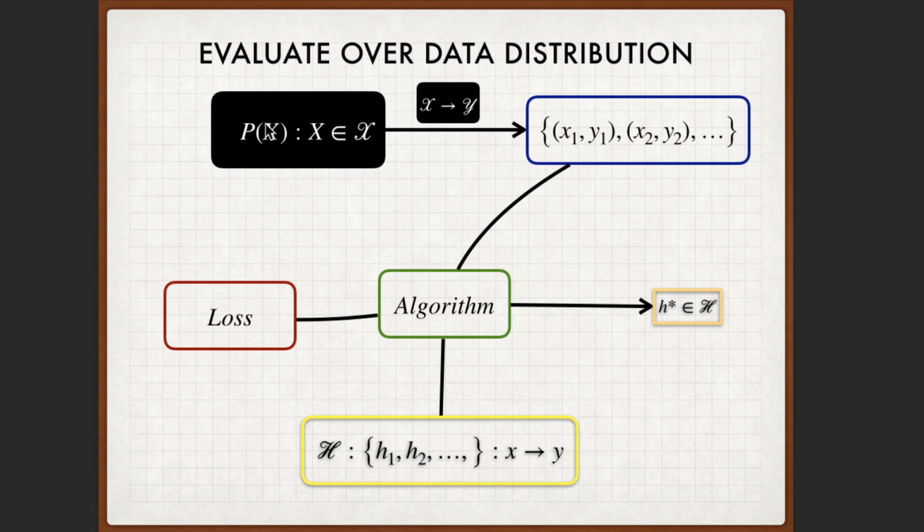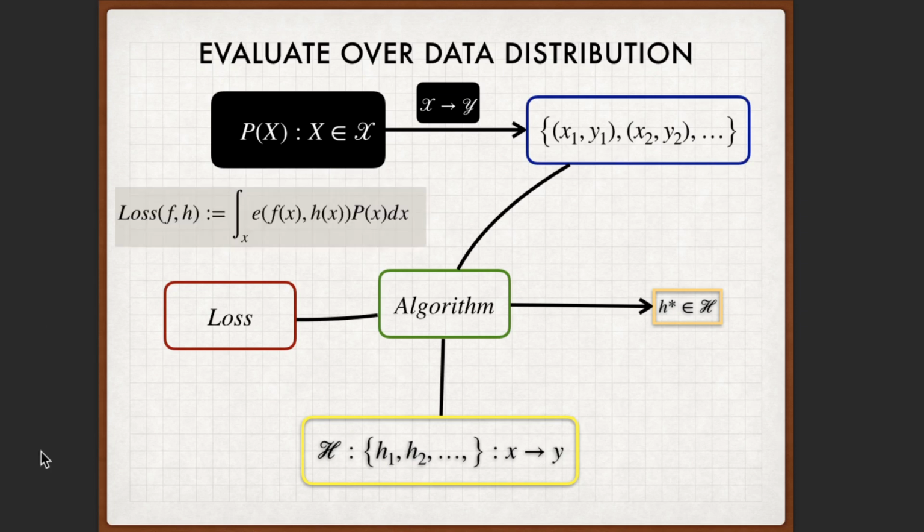Using the distribution, we can have x samples from the data space, and there is another unknown mapping between x and y, so that the unknown distribution on the data space generates x samples, and these samples are processed by the unknown ground truth mapping from x to y. And this process gives us the data samples x1, y1 to xn, yn.